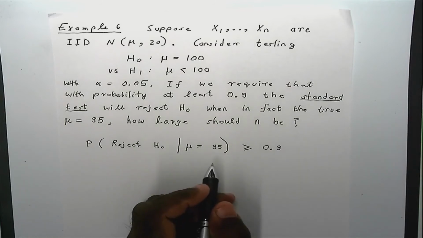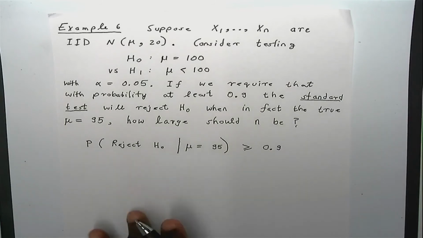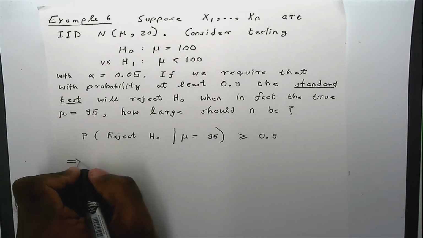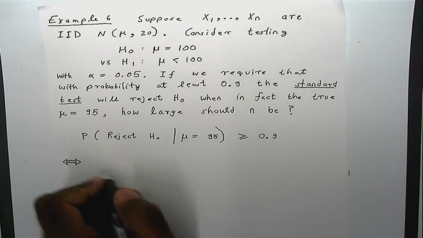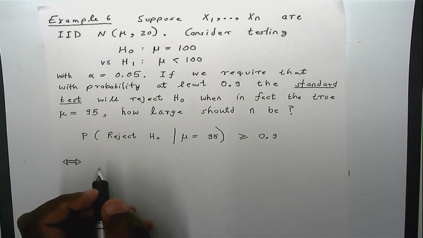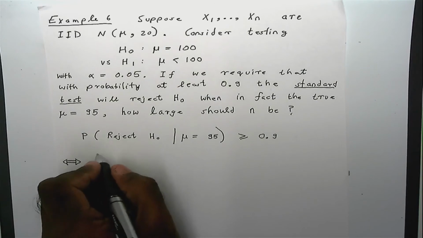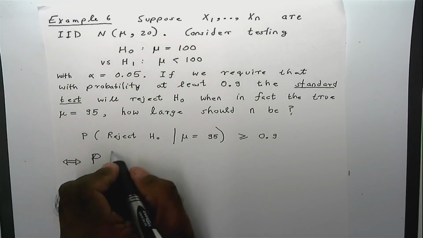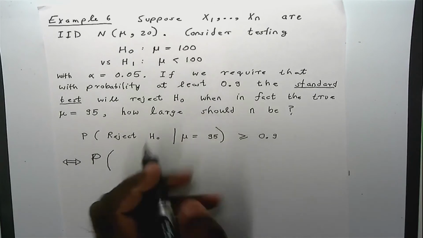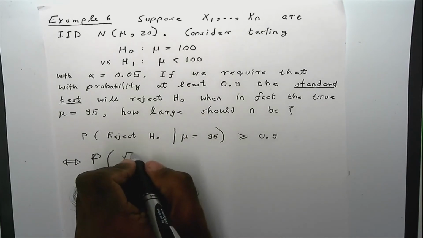That is the question. Right, now according to the standard test, you'll have to look back on the video on one sample tests. If you look at that video, you will see that the standard test will reject the null hypothesis if the following is true.